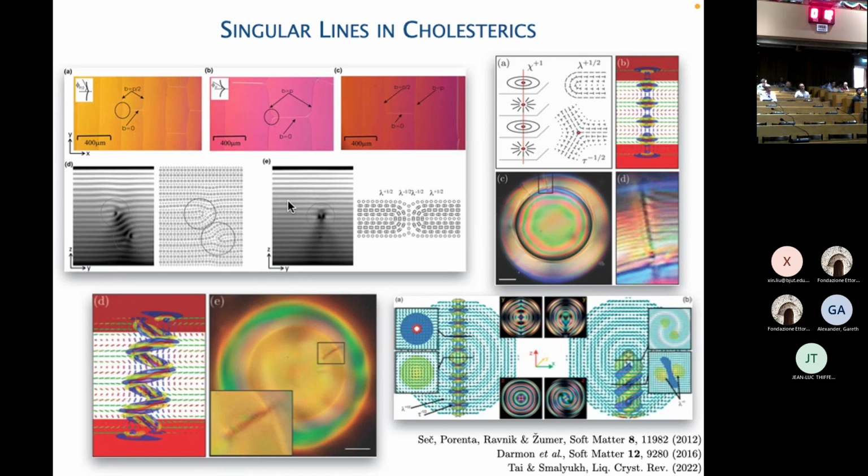So I don't really want to point to specific features in this slide, just to convey the idea that there are a number of experimental realizations, again, with a variety of different structures that they see. So there's not a single thing. We have to try and explain why there should be many things.